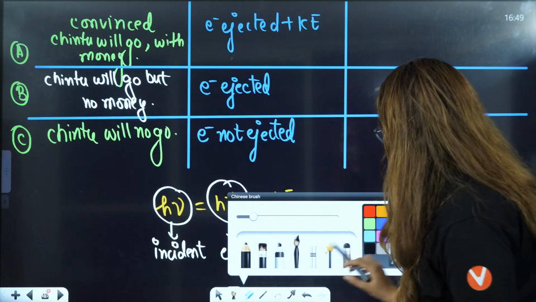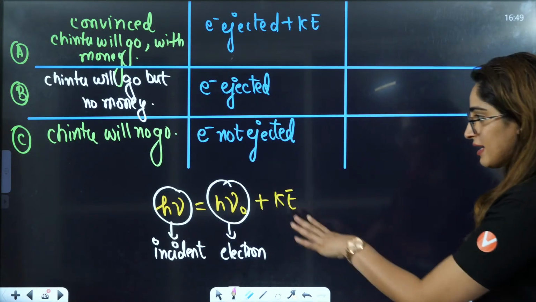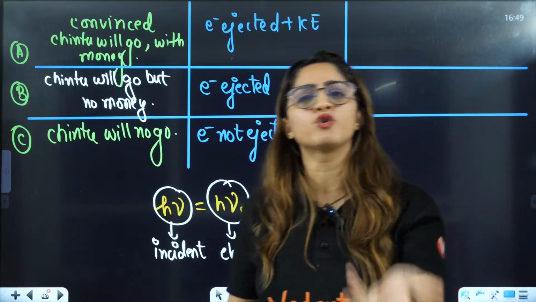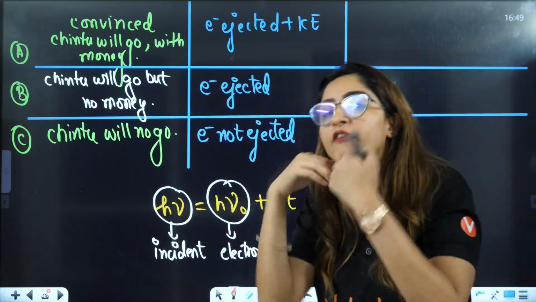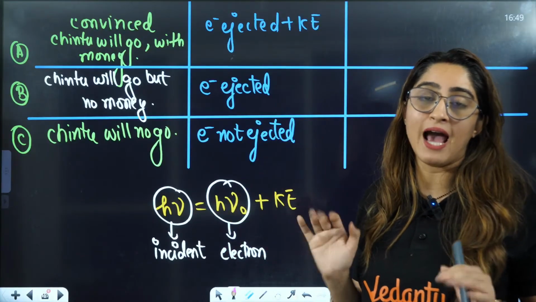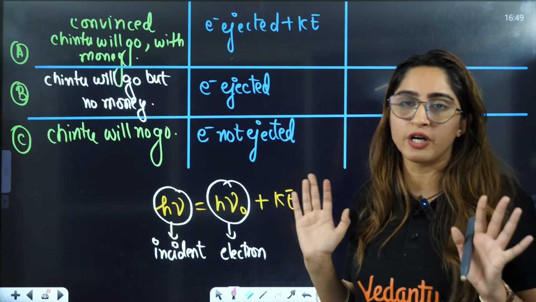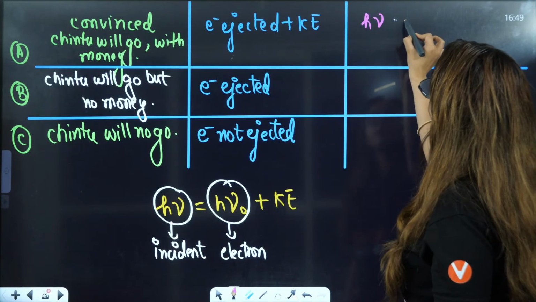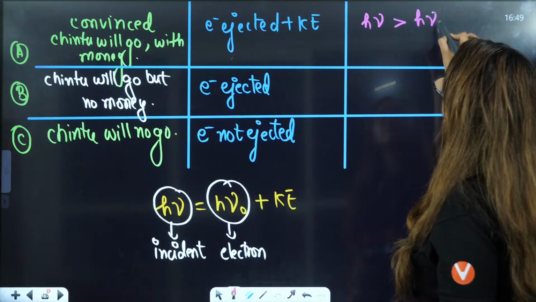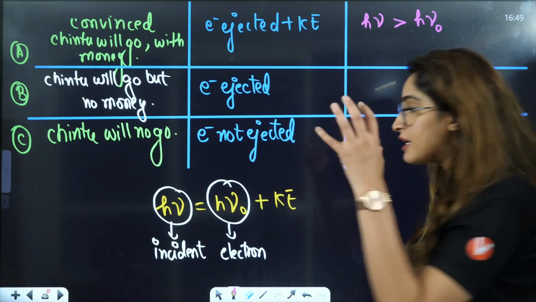Now see this very interesting thing: Chintu's parents will be convinced when Mintu's convincing power is very high as compared to Chintu's parents' rigidity. That means when the incoming energy is very high as compared to the convincing power.